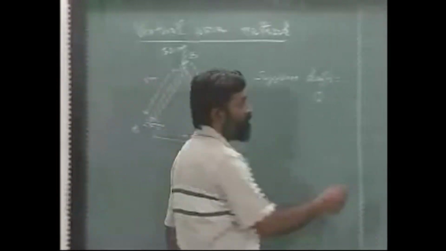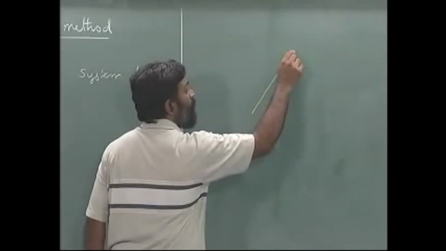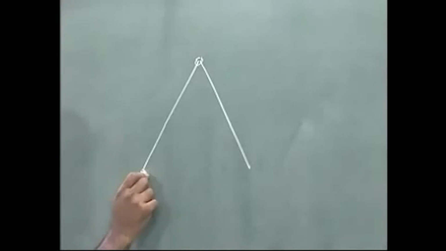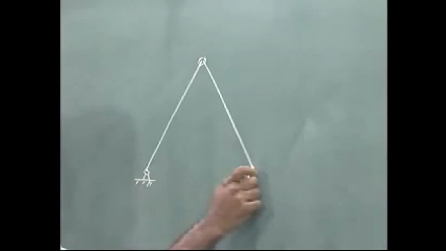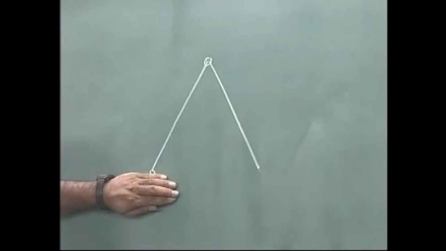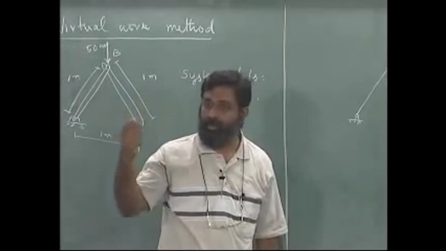So, let me draw it separately. I have these 2 members, there is a pin joint here, there is nothing over here. If I remove the fixed frame of reference and look at this particular free body, we have 2 unknowns that come into this, or in other words, by releasing this, there are 2 degrees of freedom that you release.